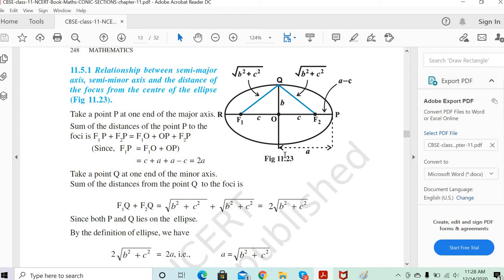Draw figure 11.23 now, and we'll try to understand the relation between a, b, and c.